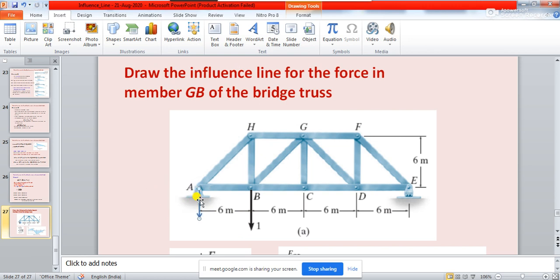Only at the joints will you have to see. It's not that you place this load here and find the force coming in GB, then place it at another point. No, you only have to place these loads at the joints. That means, this is one joint, so you place it here.